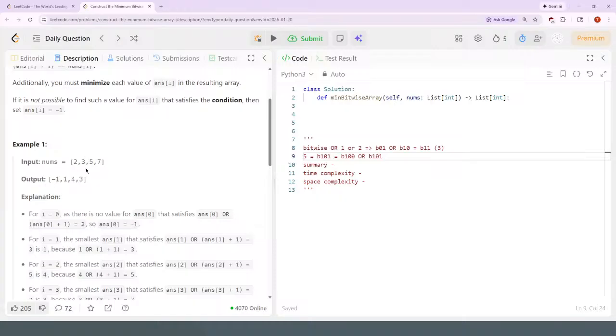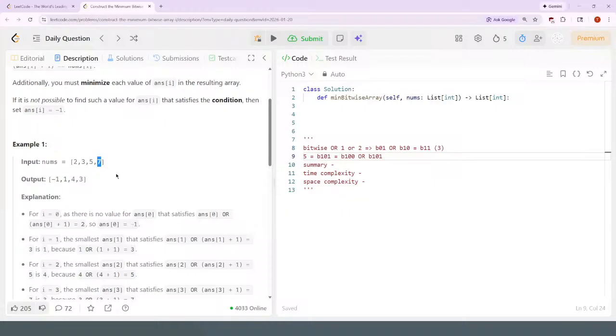Basically, it's not possible to do a bitwise OR with two values when the nums value is even, because if you do any two numbers that are one apart in binary form, you get an odd. So evens just don't work.